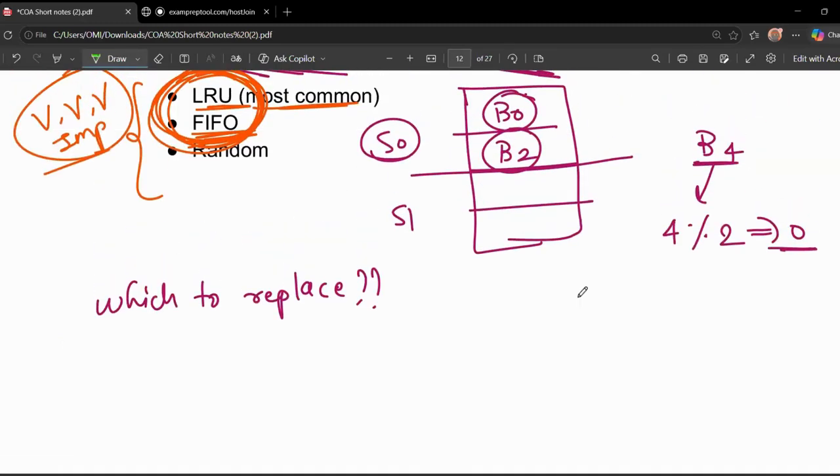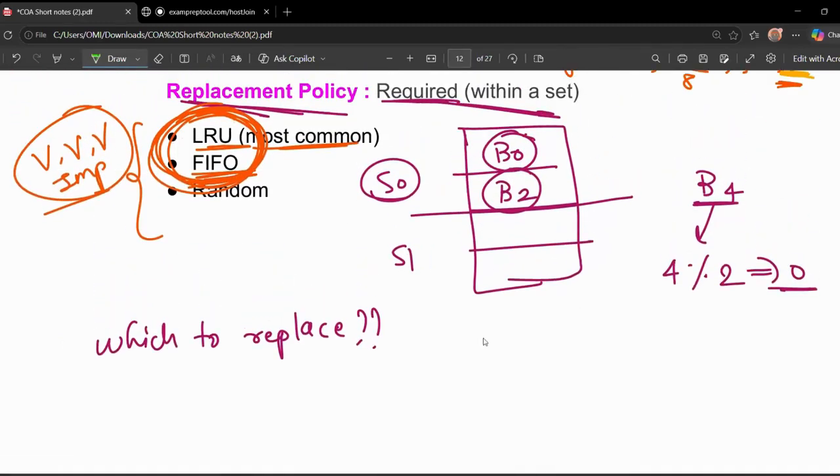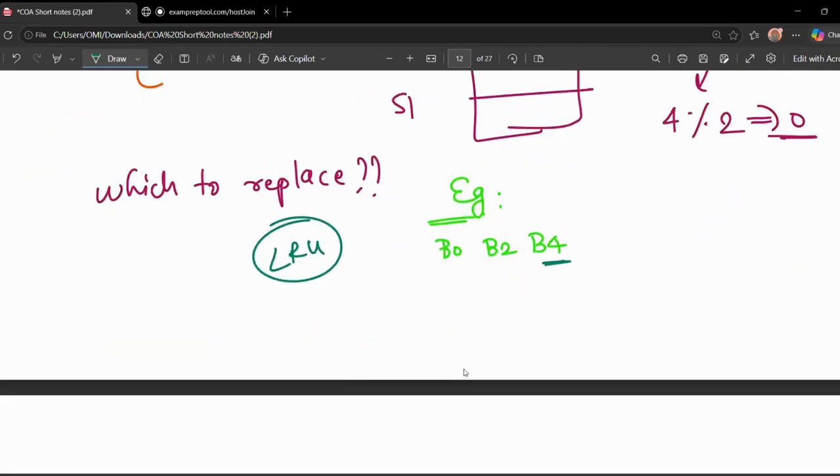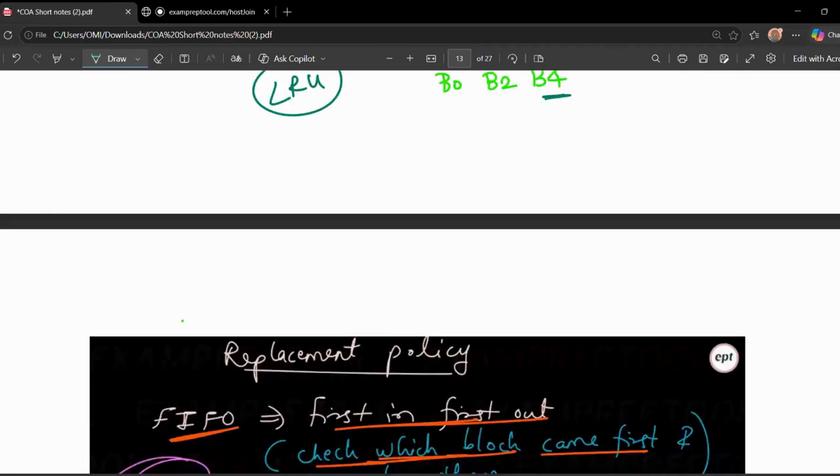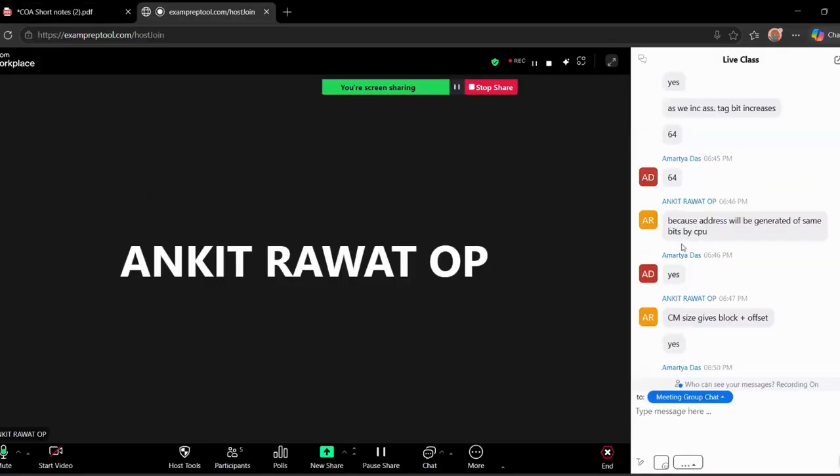Here, assume an example. B0 has come, then B2 came, then let's say B4 came. Now tell me which block to replace. B4 has two options. For LRU, the definition says you have to replace the block which is not used for the longest time.